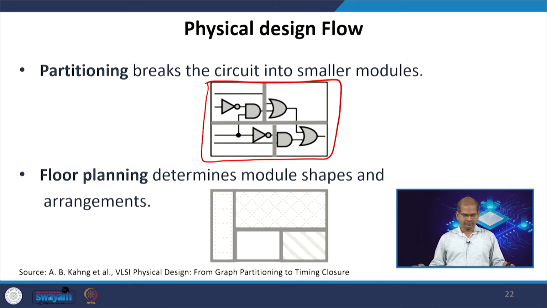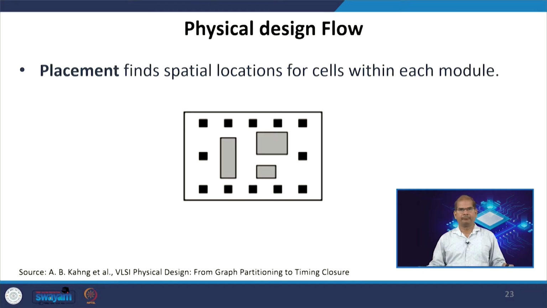In floor planning, we need to define the shapes of each of the blocks and sub blocks; the module shapes and arrangements are fixed during floor planning. Then we need to place the cells at different locations.